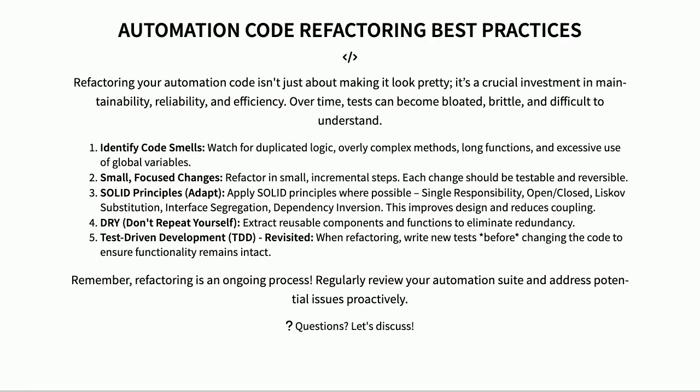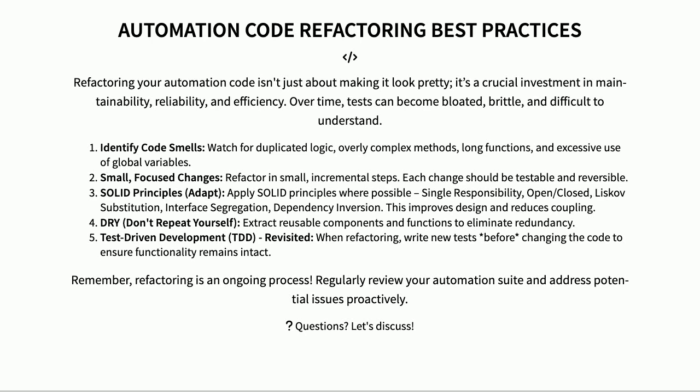Okay, let's talk about keeping your automation code clean and manageable. Refactoring isn't just making it look nice, it's vital for long-term success. As tests grow, they can become complicated and hard to work with. So, the first step is spotting what we call code smell, things like repeating yourself or functions that are way too big.